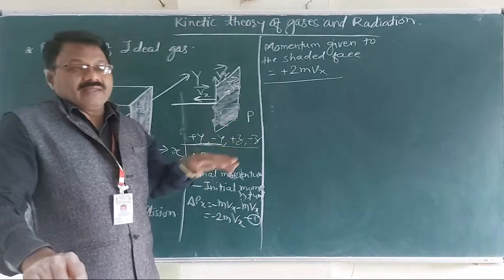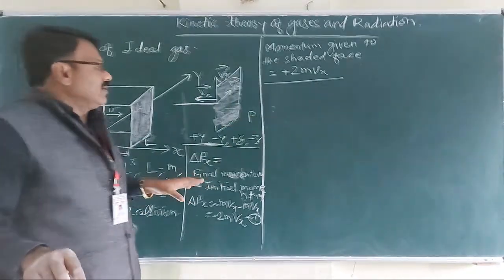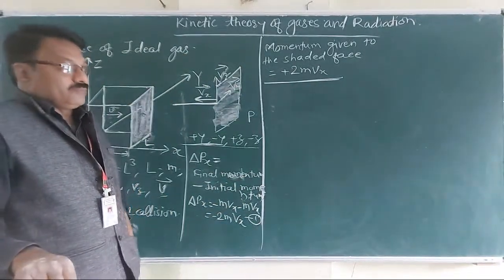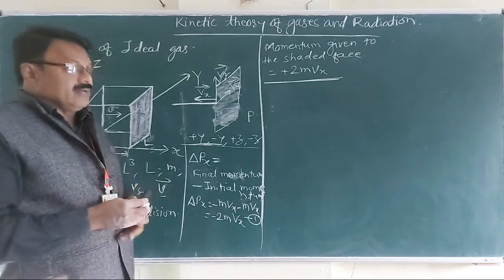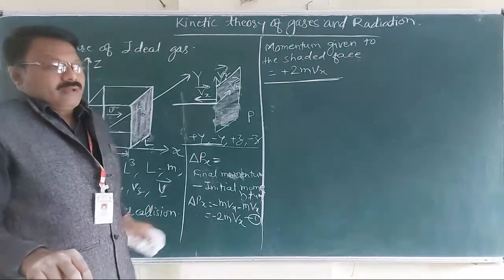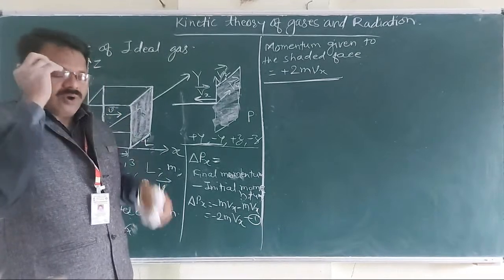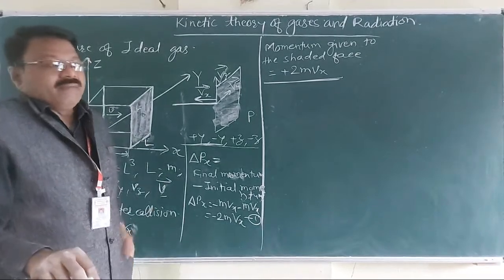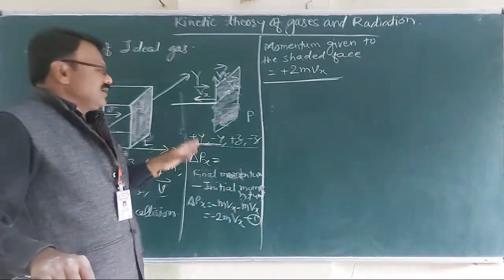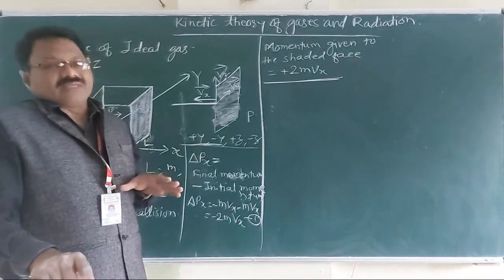For that, we have to find this rate of change of momentum during the time required for one collision, but it is not possible to obtain the time required for a single collision. That's why we are considering the time between two successive collisions.